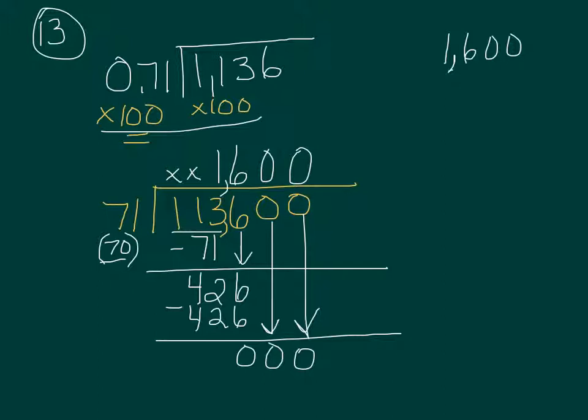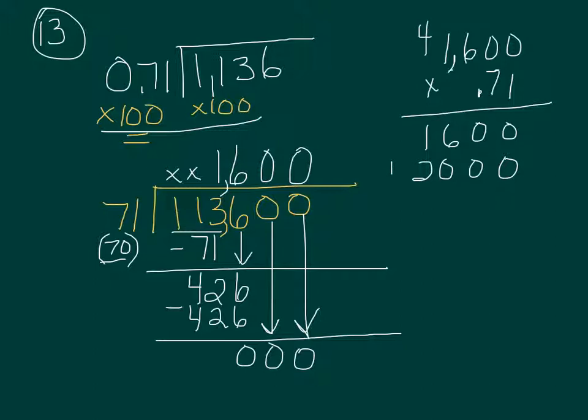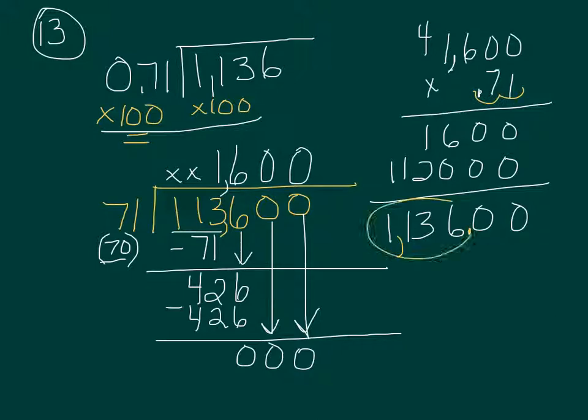I have my quotient, and I can multiply that by my original divisor, and that should make it relatively simple for me. And remember, 2 places over here means 2 places over here to check, and it checks mathematically correct.